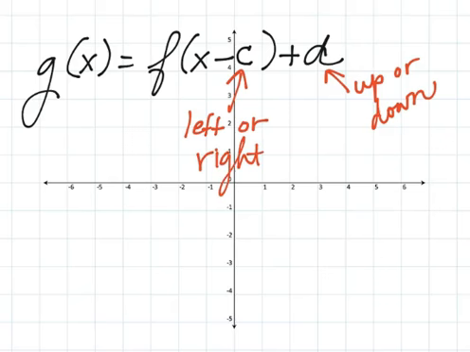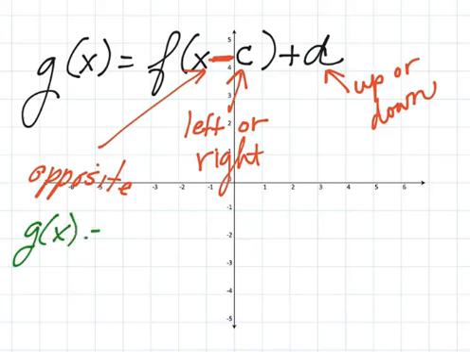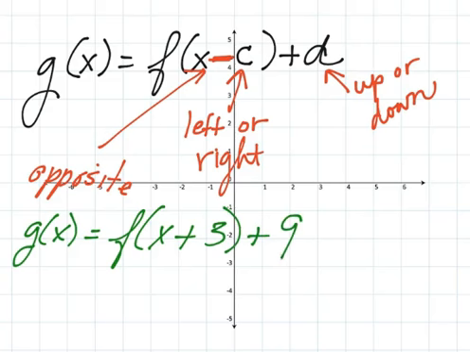But the biggest problem you're going to have all year long is, what does that negative mean right there? It means opposite. We have to remember, this is up or down and it feels normal. This is left or right, but it's going to feel opposite. So let's do a couple. If I'm making a new function, what is it going to do?